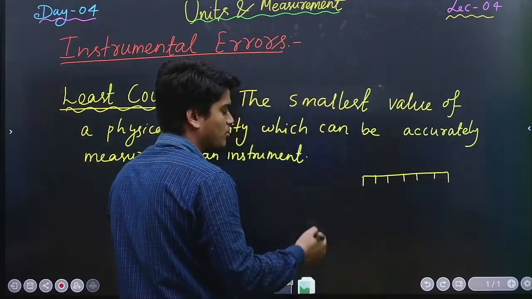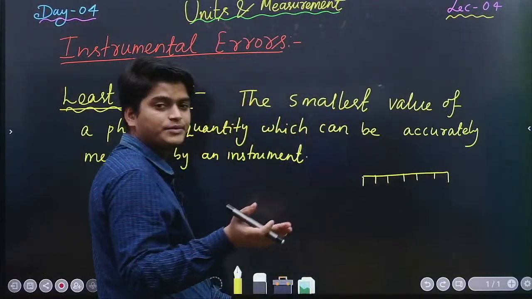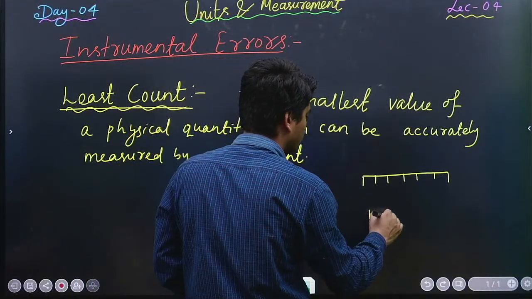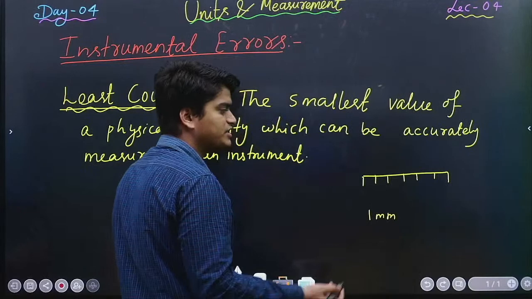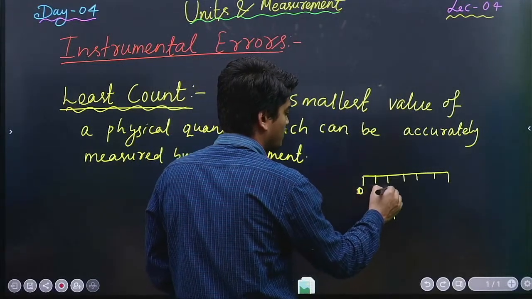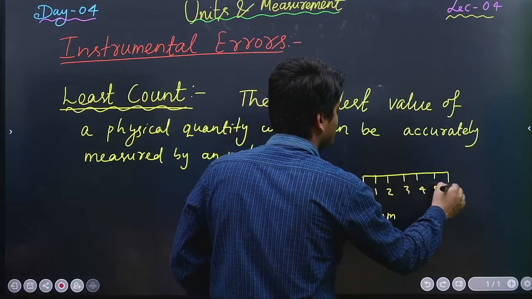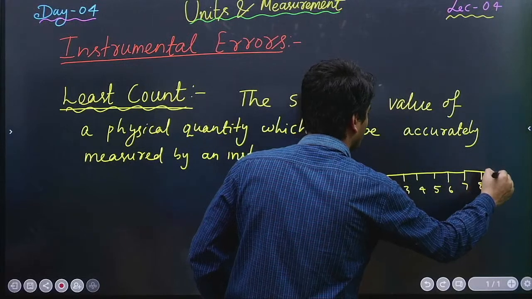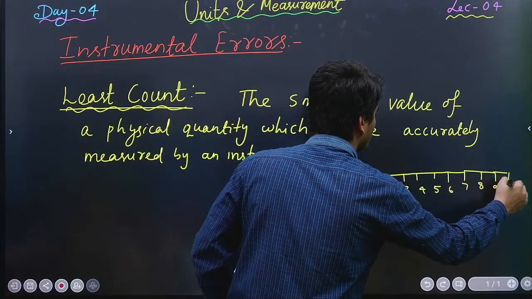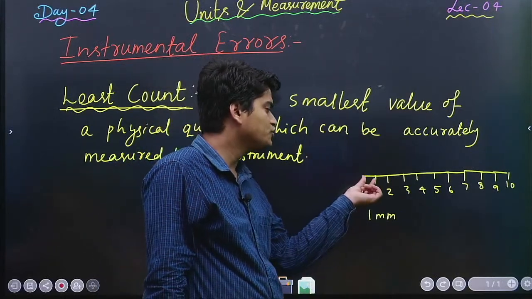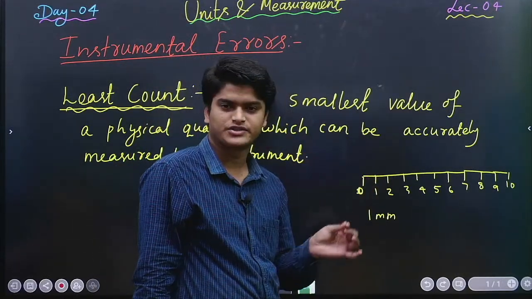Measured by a normal scale, the centimeter scale, normally we can measure up to 1 millimeter. Because if you see a normal scale, it is 0, 1, 2, 3, 4, 5, 6, 7, 8, 9, 10, in centimeter, up to 10 or 15 centimeter, and in between 0 to 1 there will be 10 small divisions.